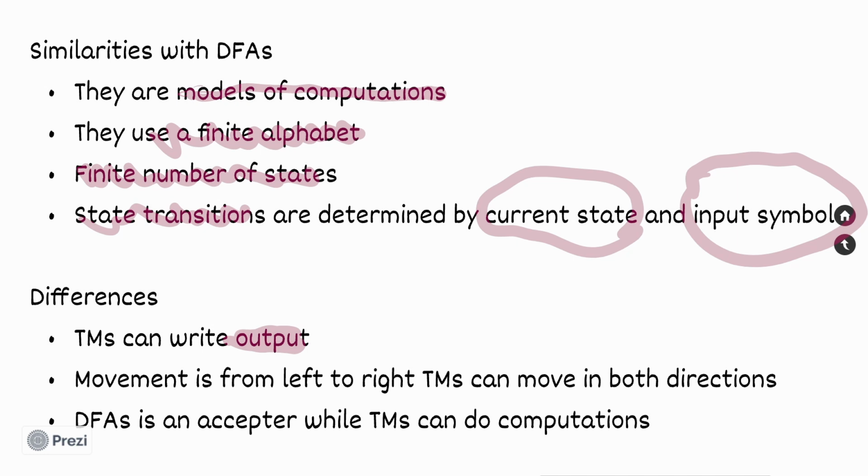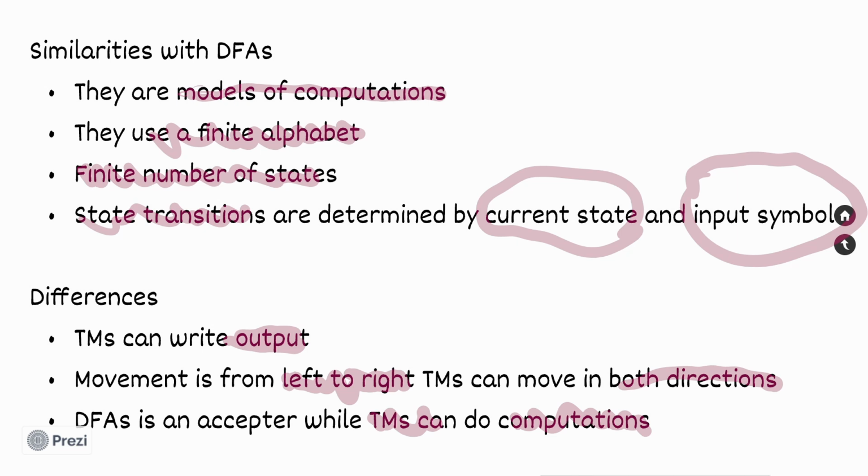Turing machines can move from left to right and right to left, while finite automata can only move from left to right. A DFA is only an acceptor, while Turing machines can also do computations.